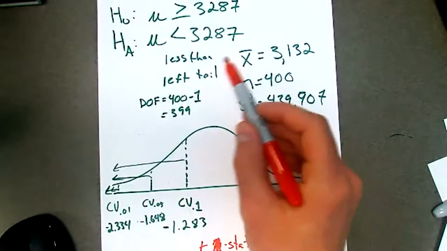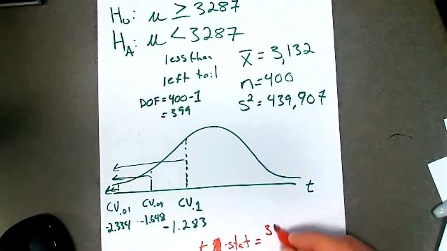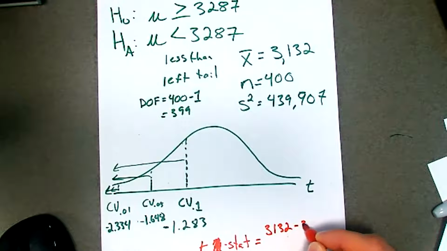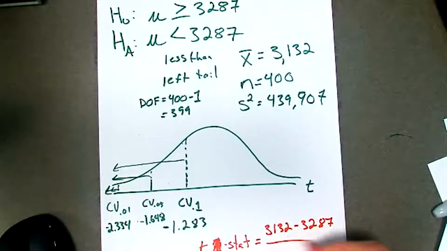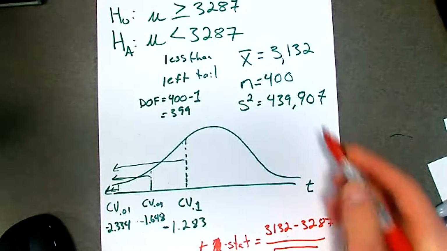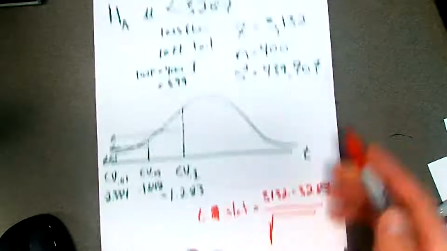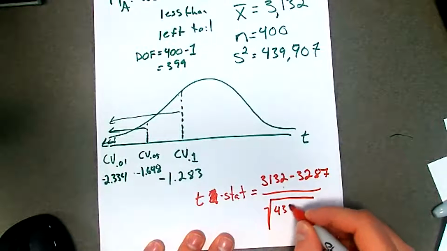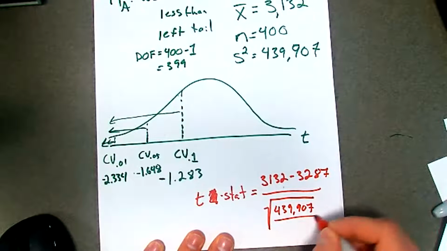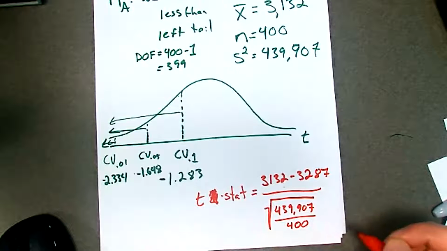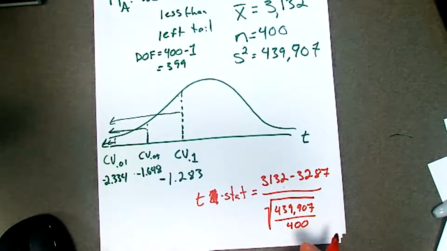So I go up here, got those values there. So 3132 minus 3287. And then I'll divide by the square root of my sample variance divided by my sample size. So 439,907 over 400. So that will give me my test statistic.